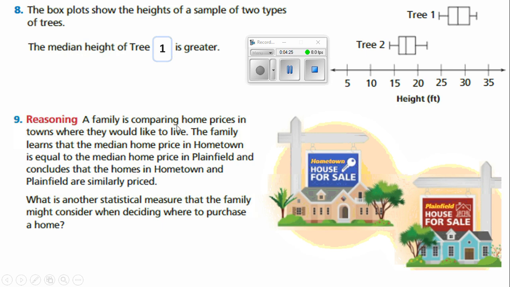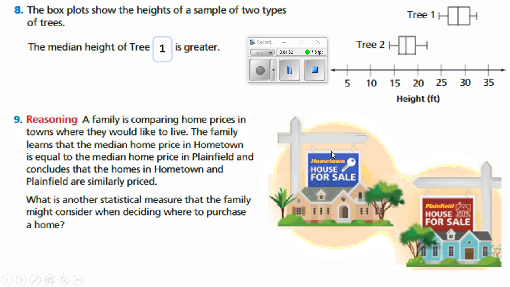Reasoning. A family is comparing home prices in town where they would like to live. The family learns that the median home price in Hometown is equal to the median home price in Plainfield, and concludes that a home in Hometown and Plainfield are similarly priced. But what's another statistical measure that the family might consider when deciding where to purchase their home?